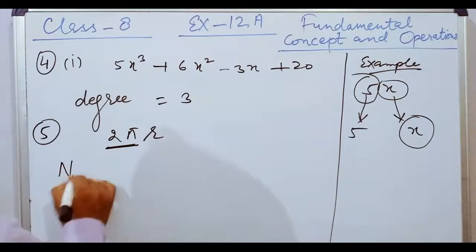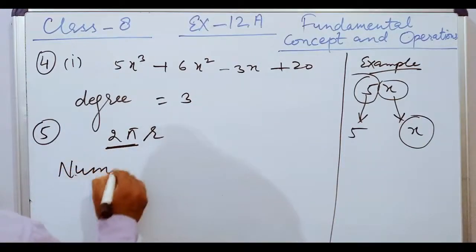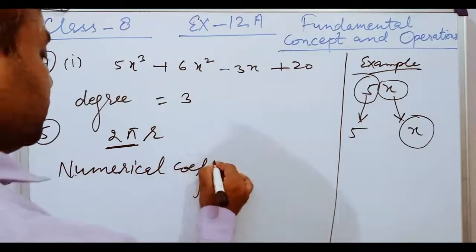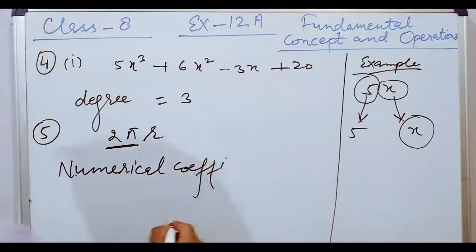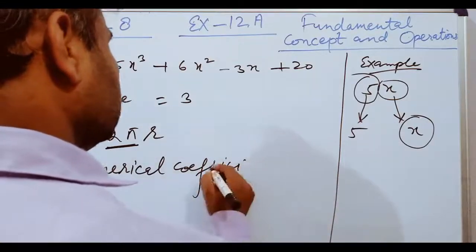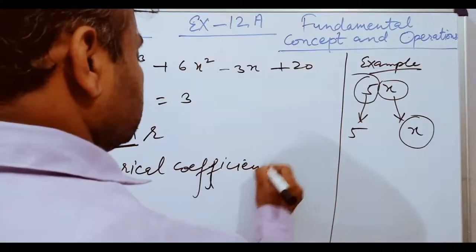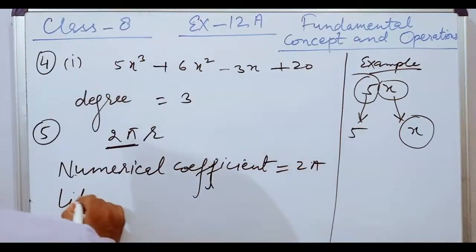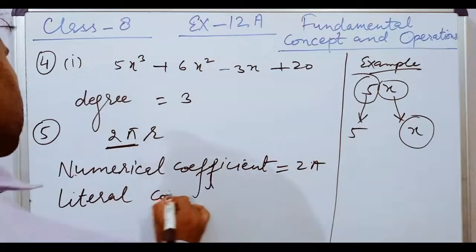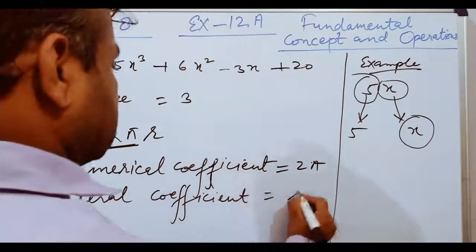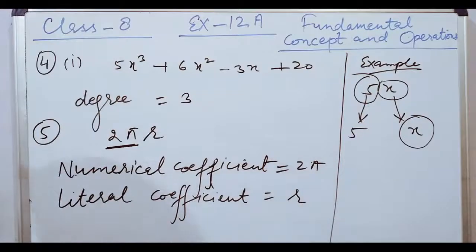So here numerical coefficient equals 2 pi, literal coefficient r.